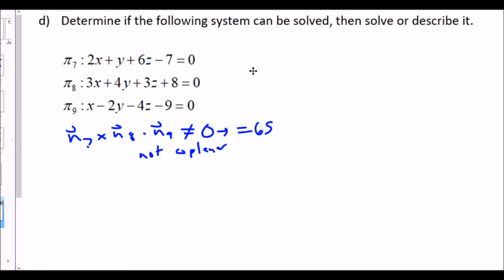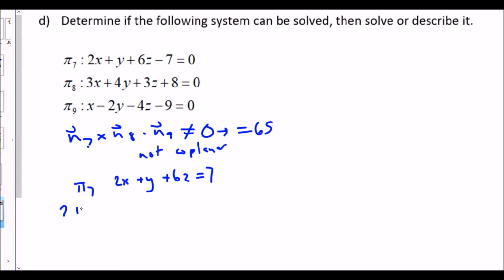So what do I do here? Well, I've got to do what I did before, and I'm going to choose 2 and eliminate a variable. Let's see here. I'm going to do plane 7, which is 2x plus y plus 6z equals 7. And I'm going to eliminate the z's here. So I'm going to multiply my plane 8 by 2.